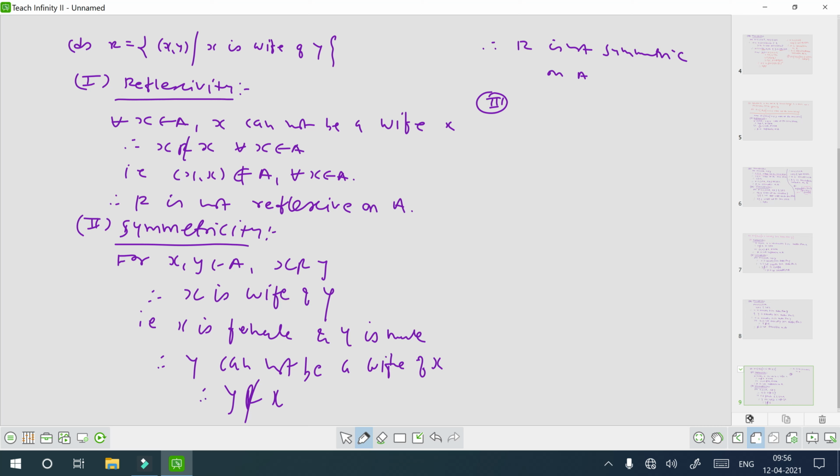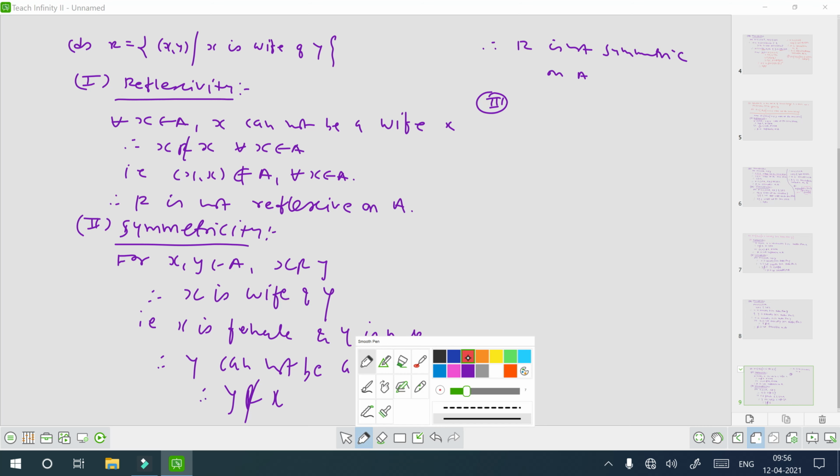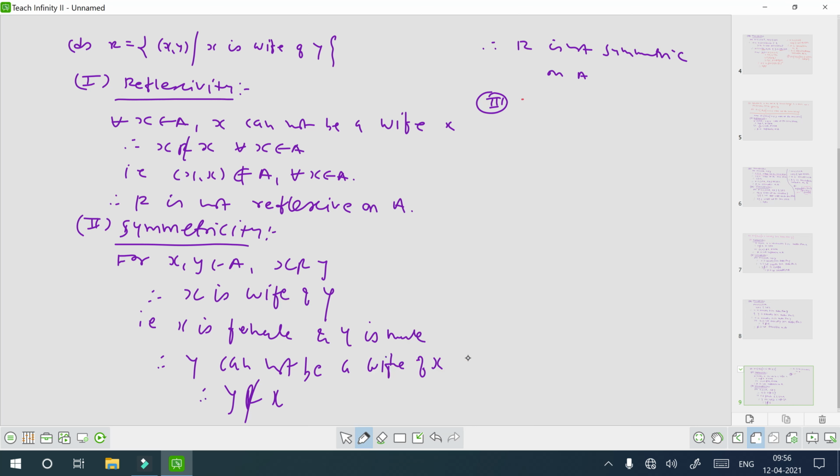Here the third one is important. See, transitivity. For x, y belonging to A, x R y, therefore x is wife of y. Now see, x is wife of y. There is no person z such that y is a wife of z.